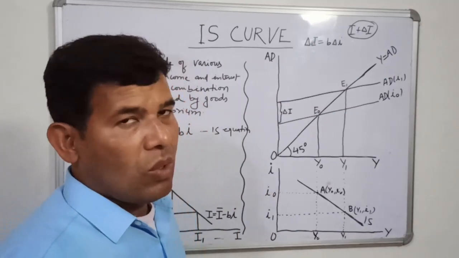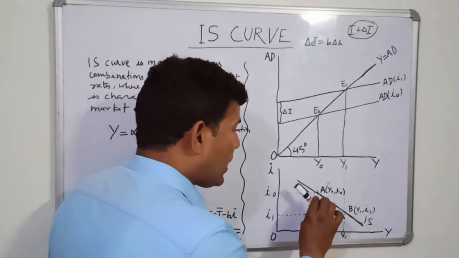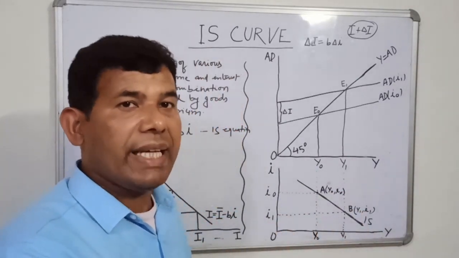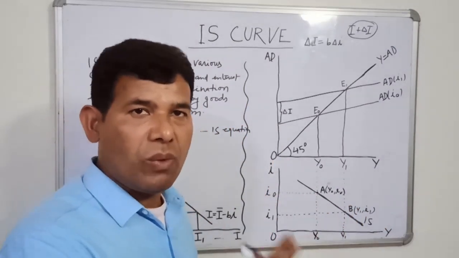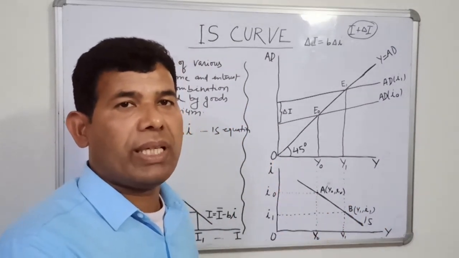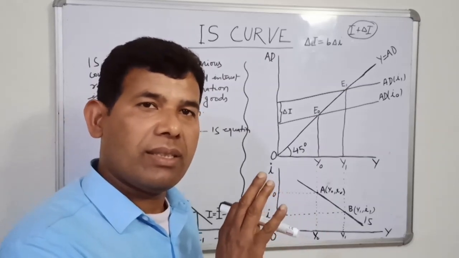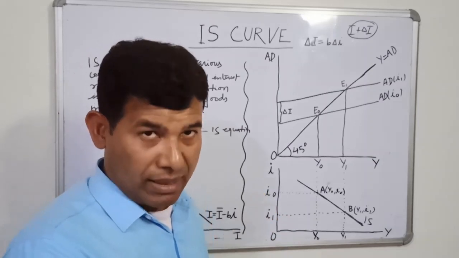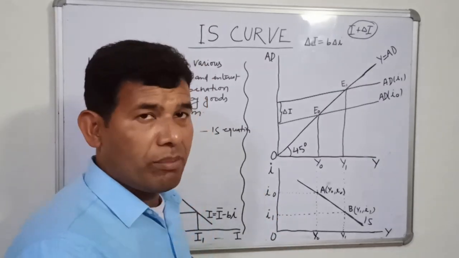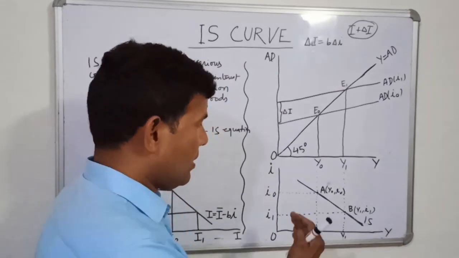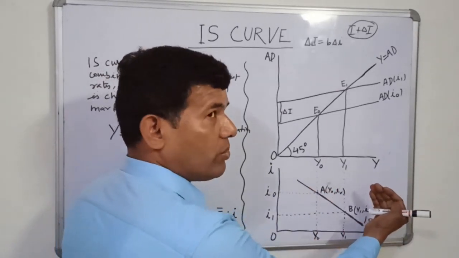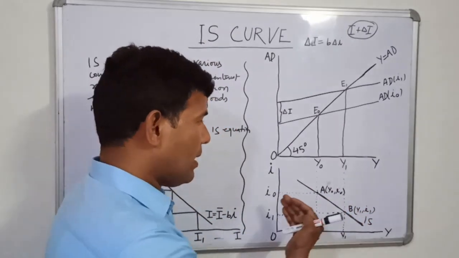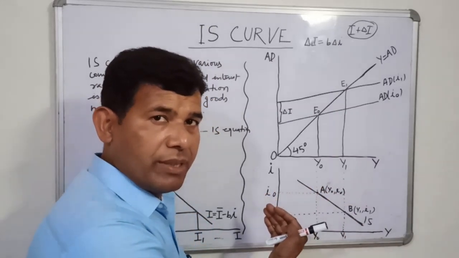Remember, the location of the IS curve will shift rightward or leftward only when autonomous components of aggregate demand change. That means if autonomous components of aggregate demand rise, the IS curve will shift rightward. If autonomous components of aggregate demand fall, the IS curve will shift leftward, right?